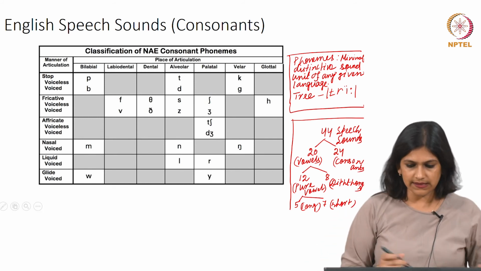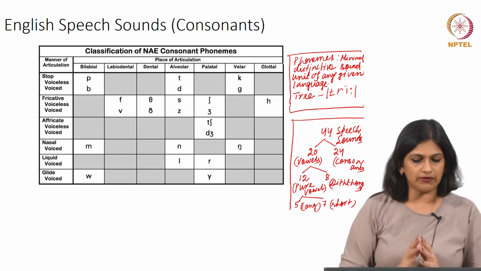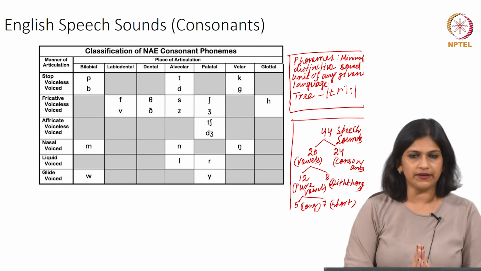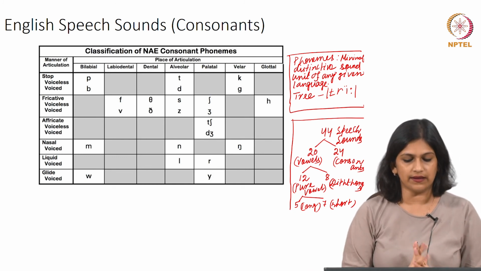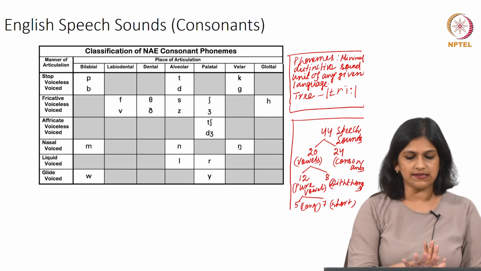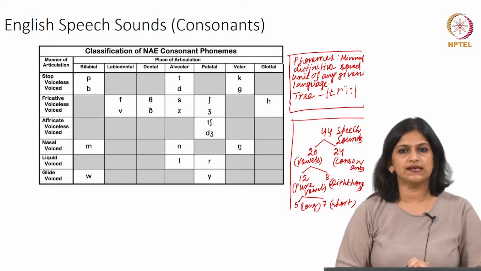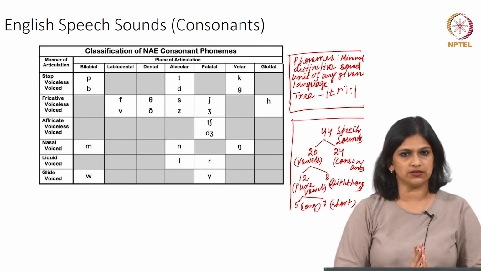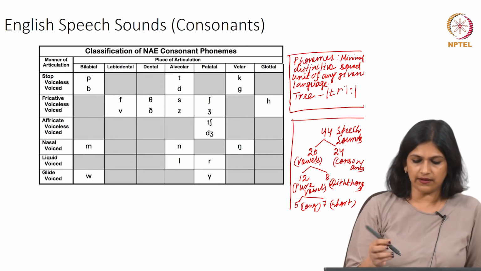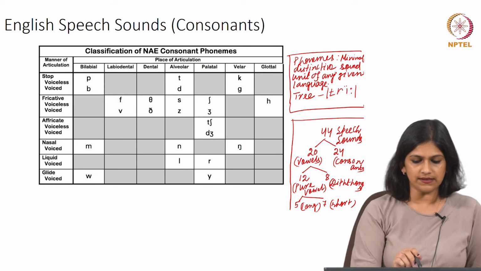Okay. With this information about phonemes, I would like you to have a look at the chart given here. This is written NAE, North American English. These are the consonant phonemes of this variety of English. So let us read the table first.